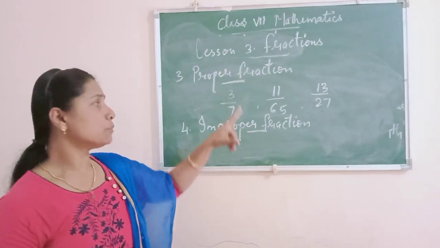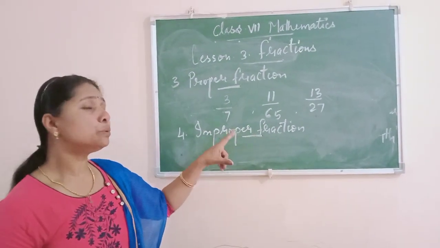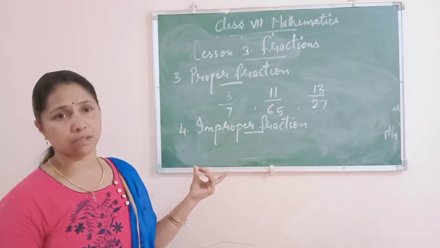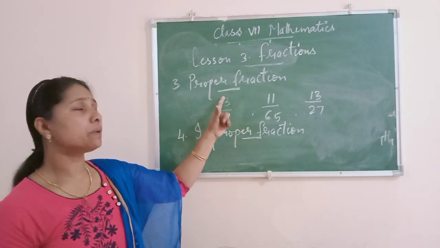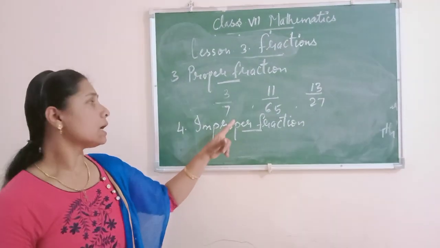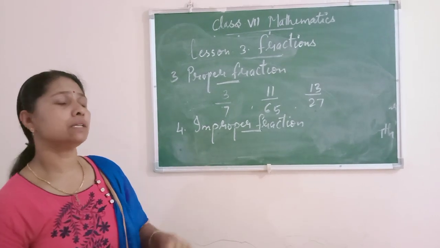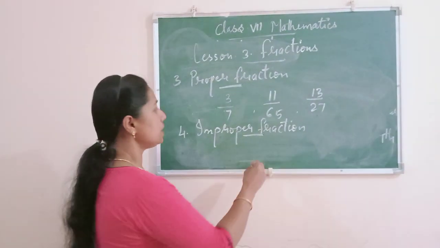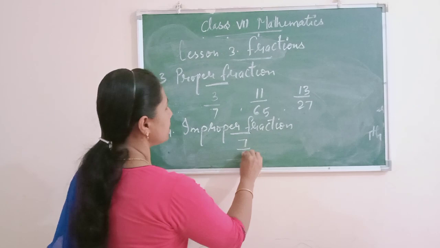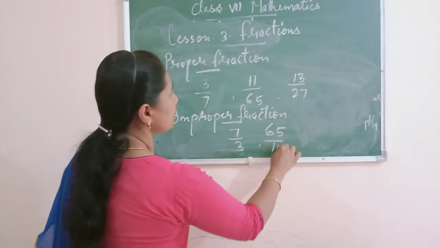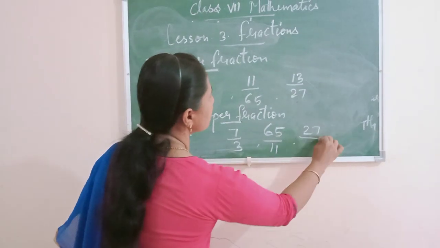That means in improper fraction, the numerator is greater than its denominator. In proper fraction, the numerator is smaller than the denominator. In improper fraction, the numerator is greater than its denominator. For example, if you are getting 7 upon 3 or 65 upon 11 or 27 upon 30.